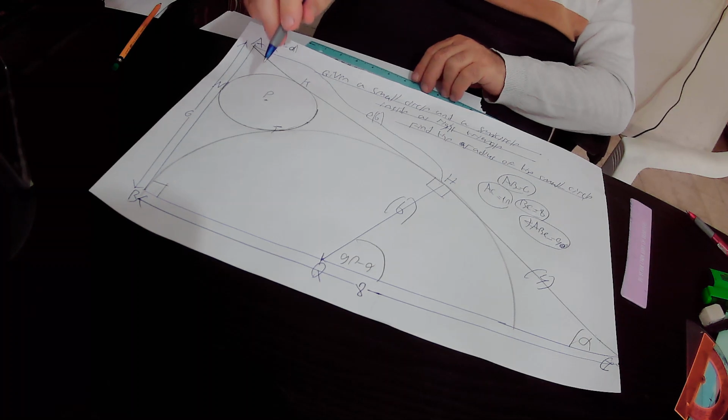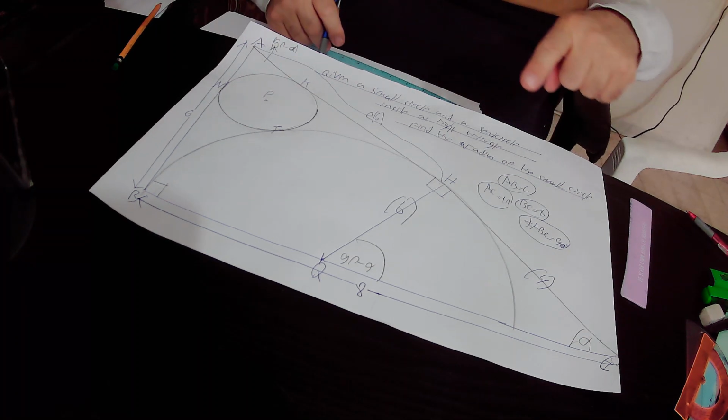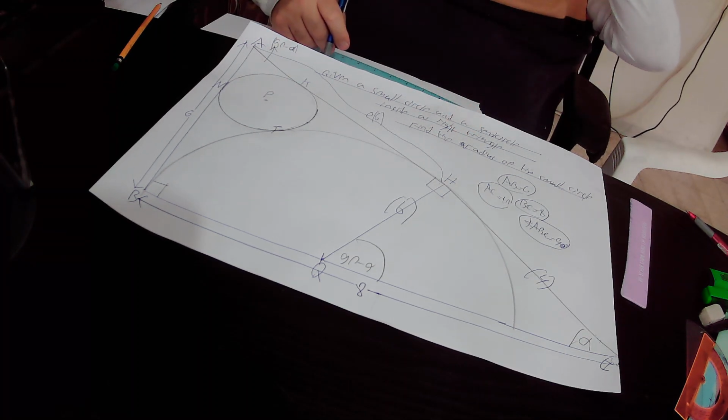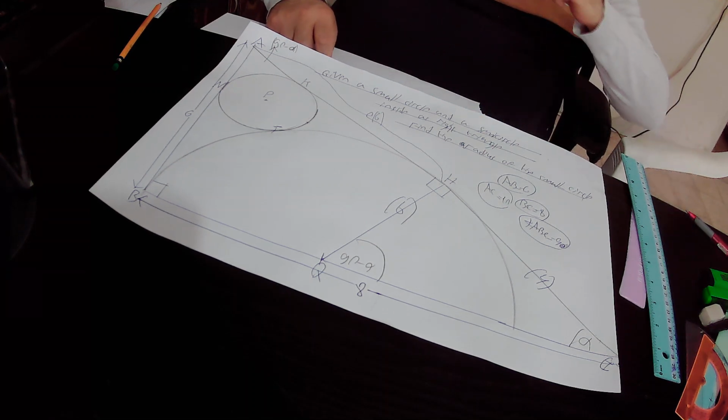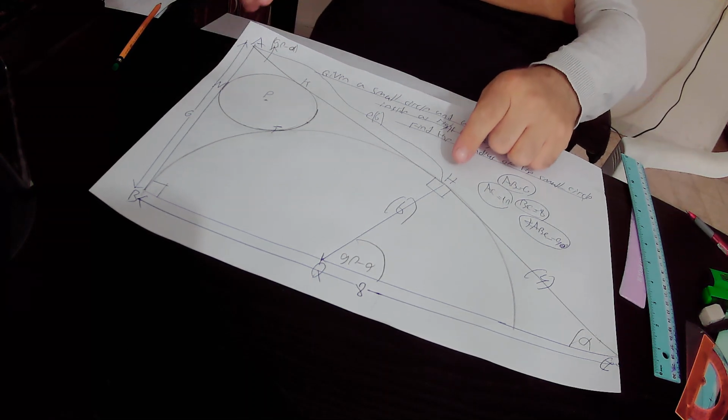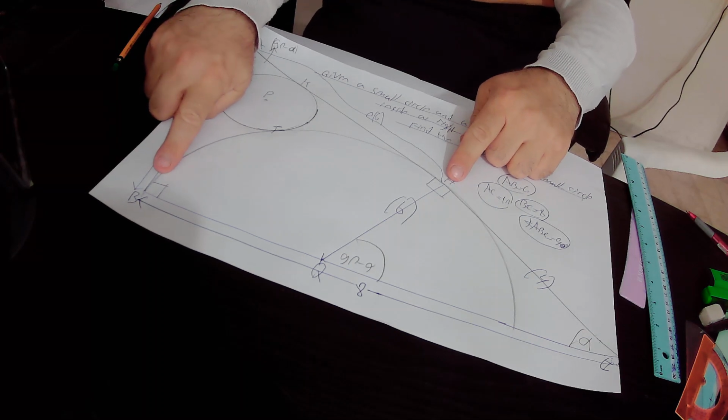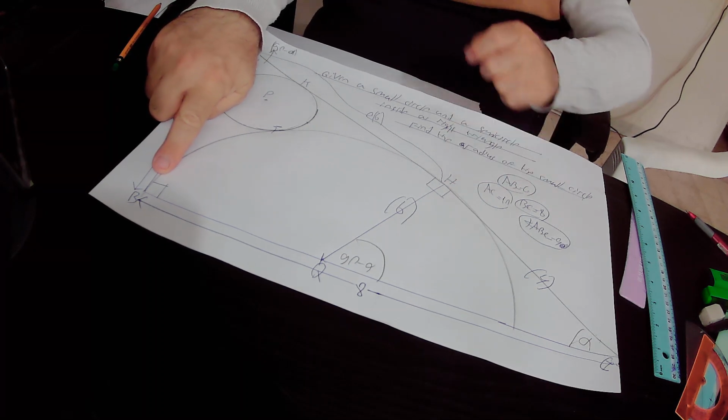So why is the big right triangle ABC similar to the small right triangle HQC? First of all, those two angles are both equal to 90 degrees, therefore they are equal to each other.